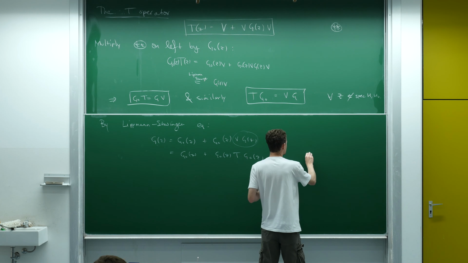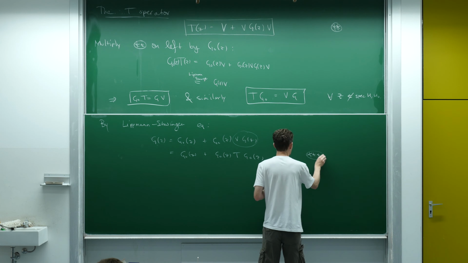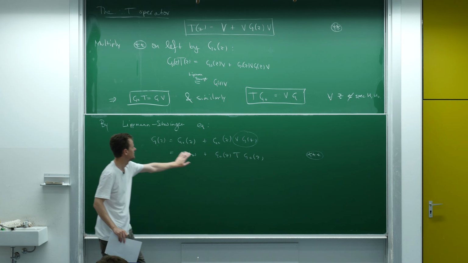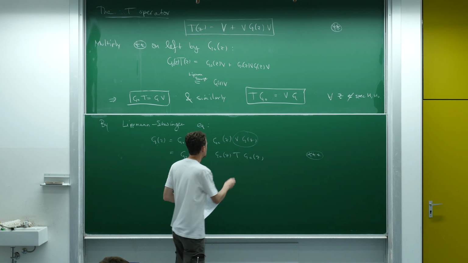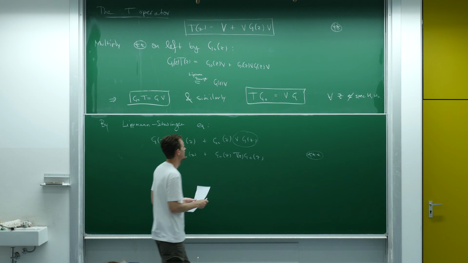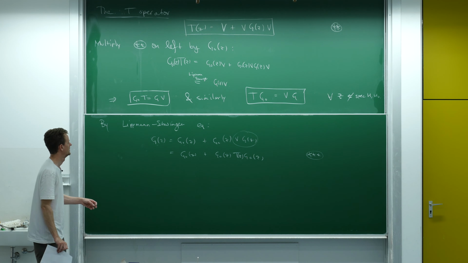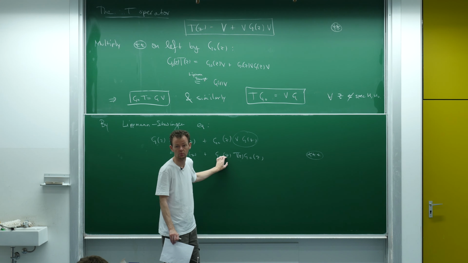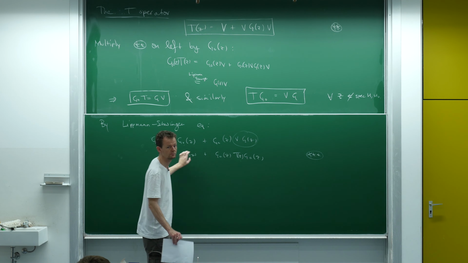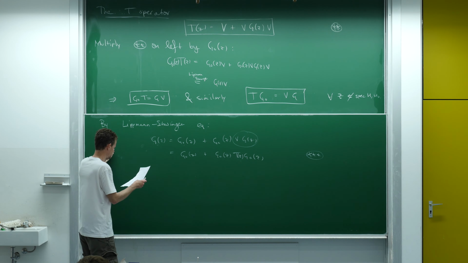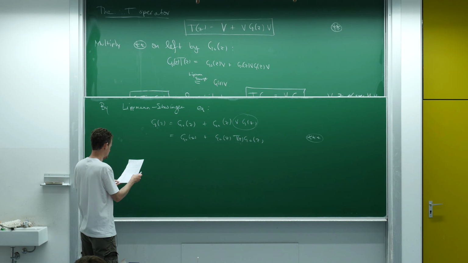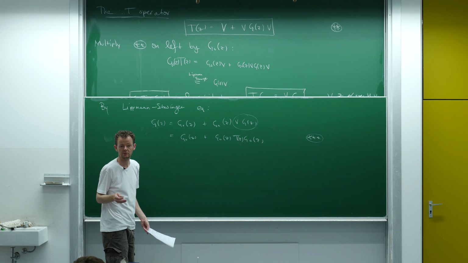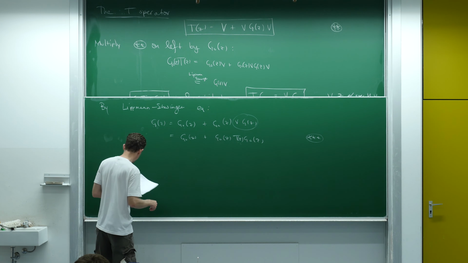Call this star, star, star. This is how we relate G to T directly. Put a Z in there. So knowing G is pretty much the same as knowing T because we know G naught. And we can invert this relationship to get T in terms of G.